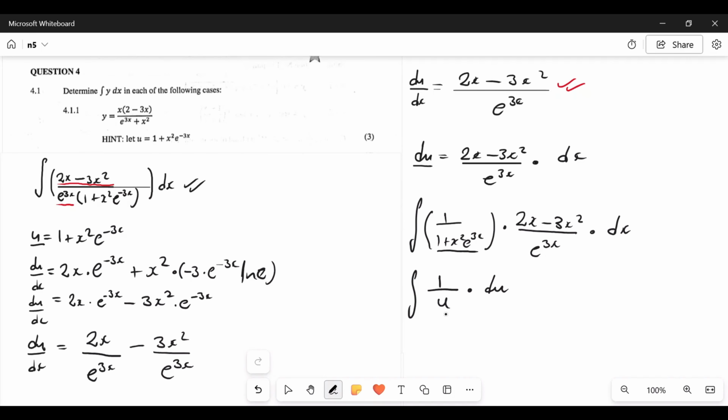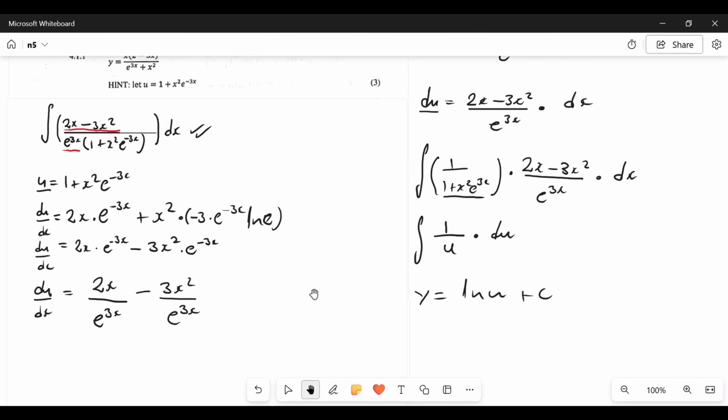From here, this is the integral of 1 over u. When we have something like this, we know that this is going to give us y equal to ln u plus c. But we know that u is actually 1 plus x squared multiplied by e to the power of negative 3x.